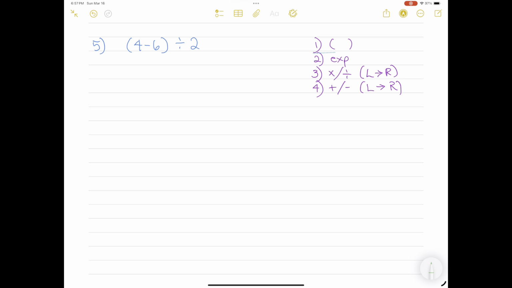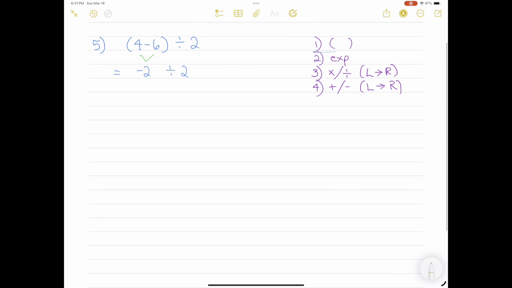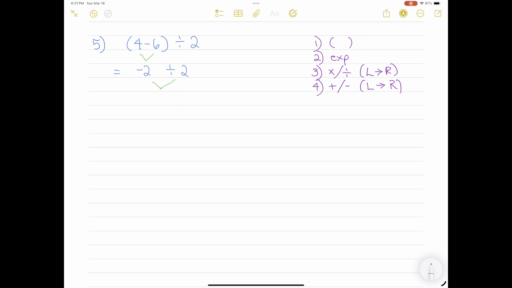We see on this problem we have a parenthesis which we must solve first. 4 minus 6 equals negative 2. I write that down and I bring down the rest of the equation, divided by 2. Now I have negative 2 divided by 2, which equals negative 1. I write that down on the next line and box my answer.